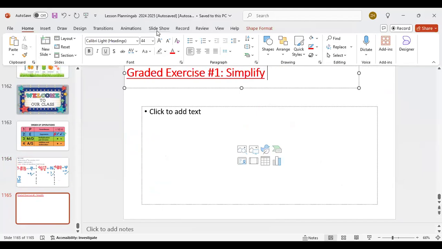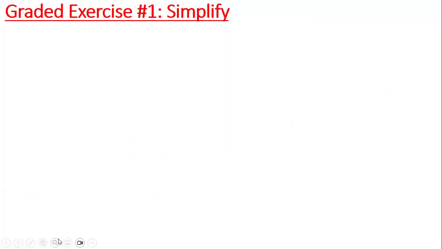All right. So let's say that we have number 1, 15 plus 7 all over 13 minus 2. You're gonna do this in your book, and send a picture of it via WhatsApp.